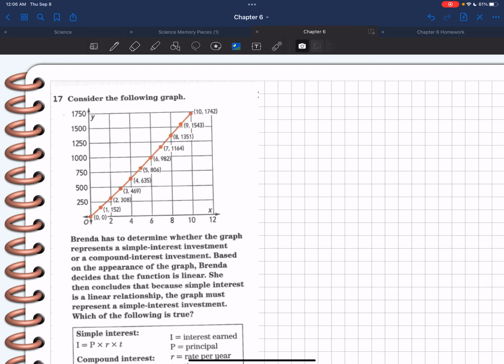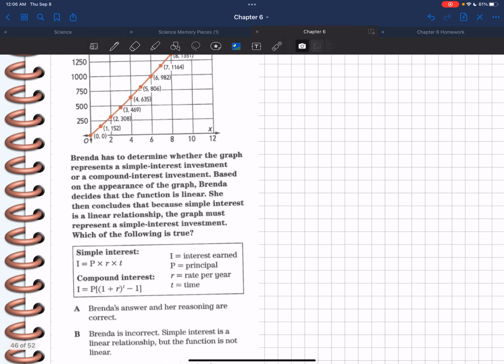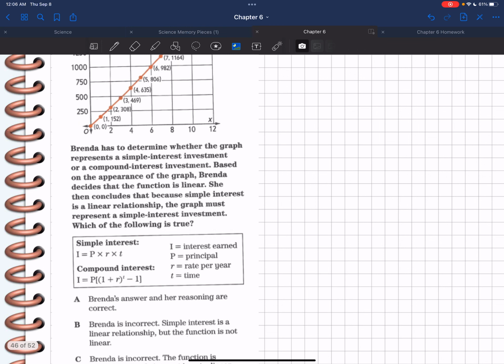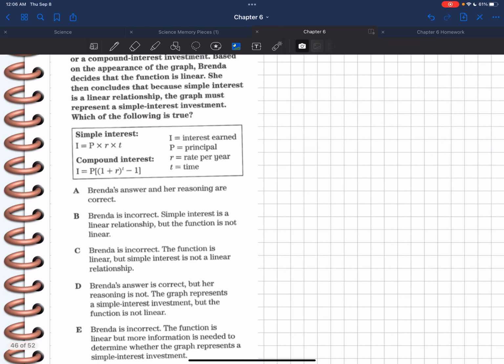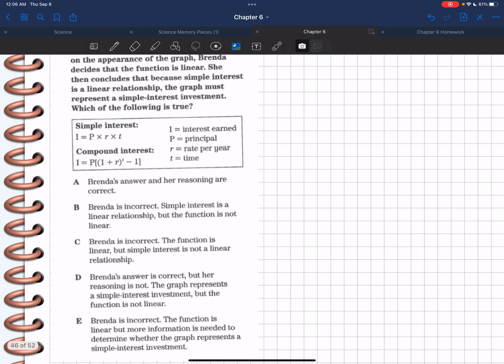Which of the following is true? And they gave us the formulas that we would need, and here are our choices. Brenda's answer and her reasoning are correct. Brenda is incorrect. Simple interest is a linear relationship, but the function is not linear.